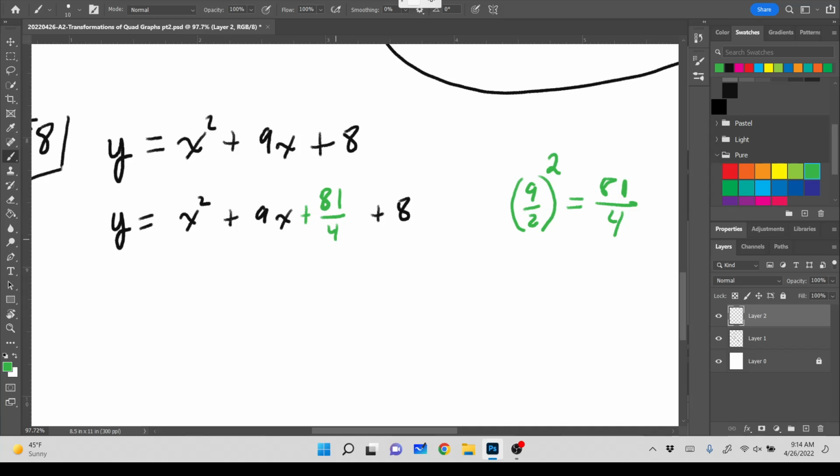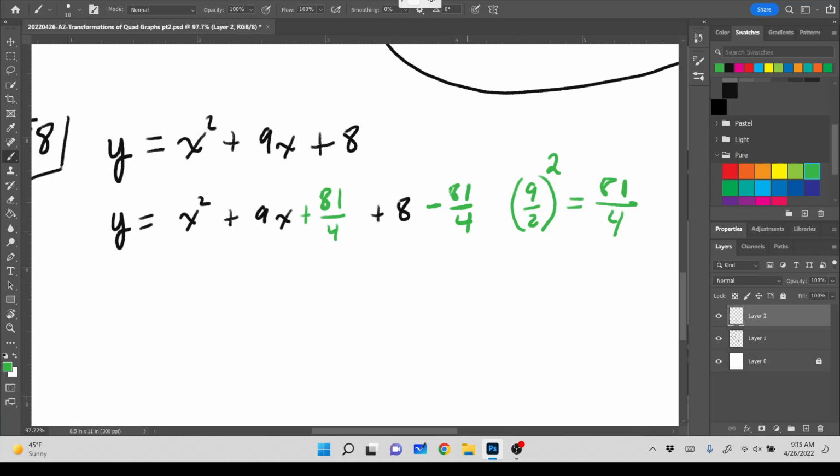And then how can we do that legally? What do we have to also do? No, we're not going to do it to the other side. We're going to subtract it because we're going to keep it on the same side this way. So we're going to subtract it off the same side. That's the kind of new bit. Other than that, it's pretty much the same as completing the square otherwise.